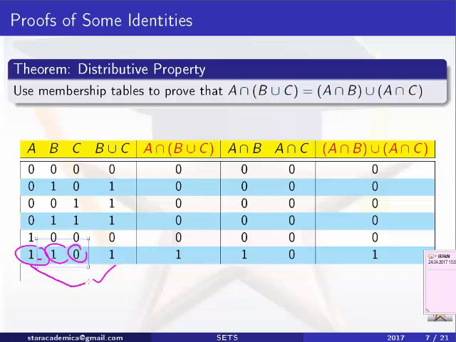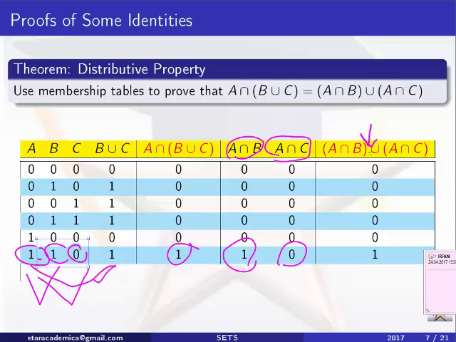If you are intersecting these two, it's in A, and it's in B union C, so it's in the intersection. That's 1. What is A intersect B? 1, 1, it is 1, perfect. What is A intersect C? 1, 0, then it is 0. So what is the union of these two? It's 1. So they are the same.